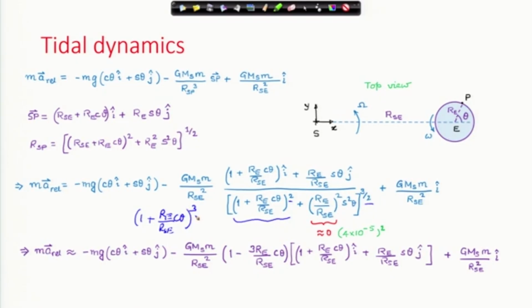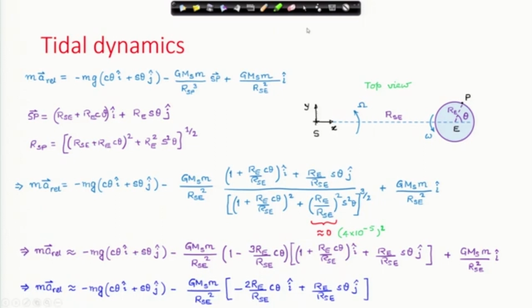So, this will be cube, which I take to the numerator and do an expansion and retain only up to first term, because R e by R S e is of order 10 to the power minus 5, and this is what I get. This is purely algebra approximation, and the rest of the thing follows from here. If you simplify these expressions, then you arrive at this right hand side. So, mass times A rel is approximately equal to this on the right hand side.